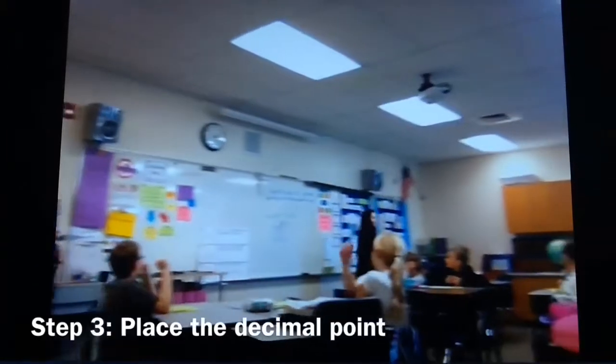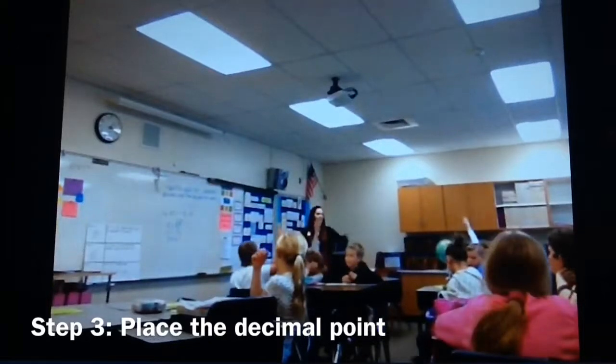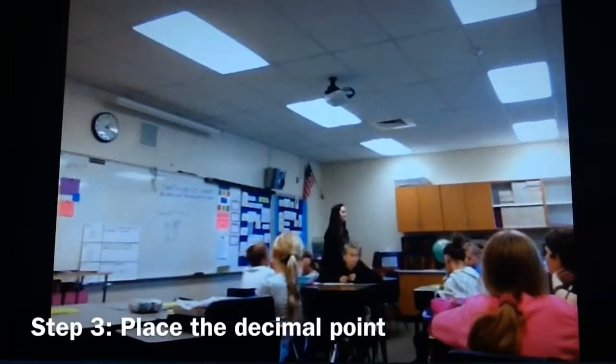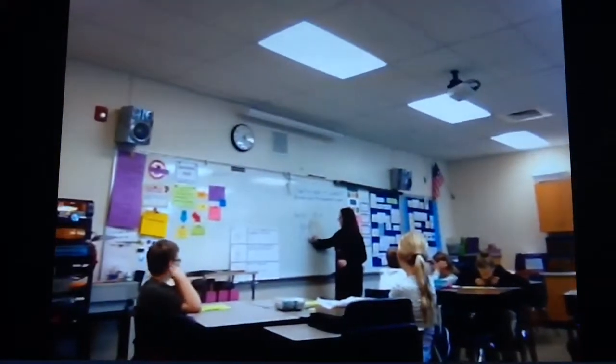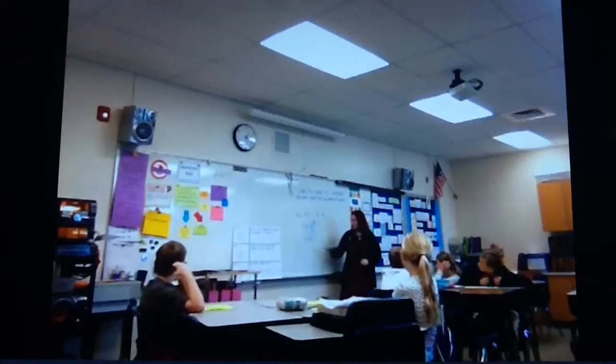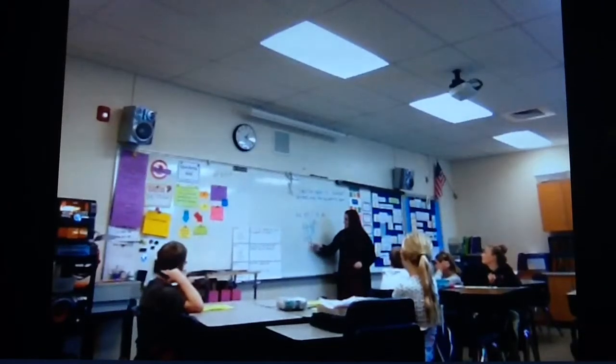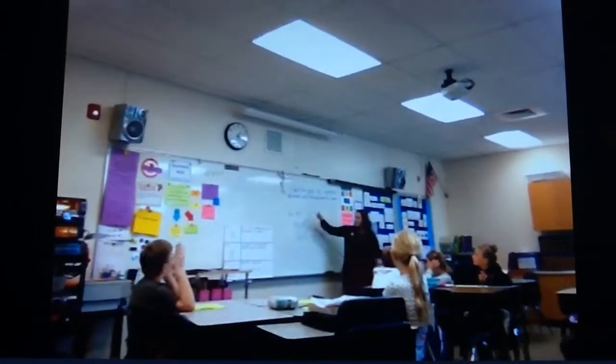Who wants to read step number 3? Let's go back here with Carrie. Place the decimal point. So step number 3 is just really simple. All you have to do is drop that decimal point straight down. That looks like a colon, it's not. That's a decimal point. So you just drop it straight down, and that's where the decimals go.